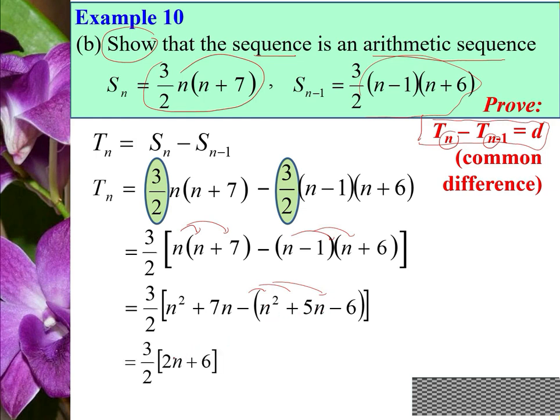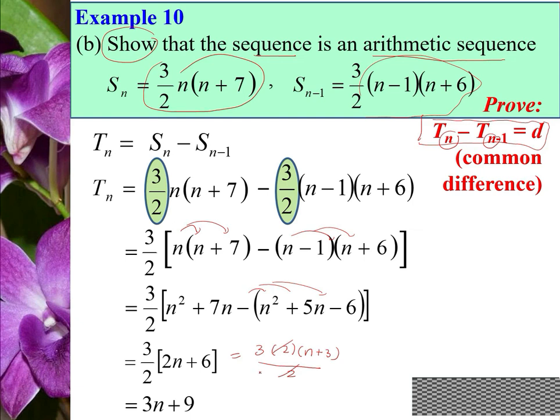We have 2 and 6 in the parentheses. That means we can factorize number 2 to be cancelled with the 2 at the denominator. Remember, please don't cancel 2 with 6, because the 2 at the denominator is for both terms. After you have factorized number 2 out, then you can cancel off with the 2 at the denominator and you get 3n plus 9. That's your answer for the nth term.